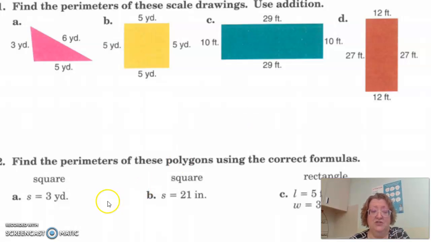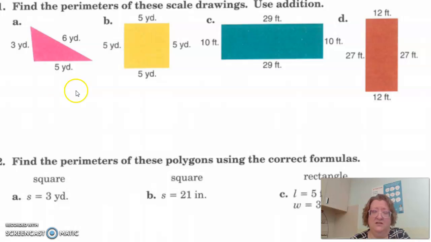Everyone else, I want you to do all of those questions in your book. This is just adding, so it shouldn't take us very long. And I'm going to assume at this point that we have that work completed and that you can check your book as the answers are read. We have 14 yards, 20 yards, 78 feet, 78 feet.